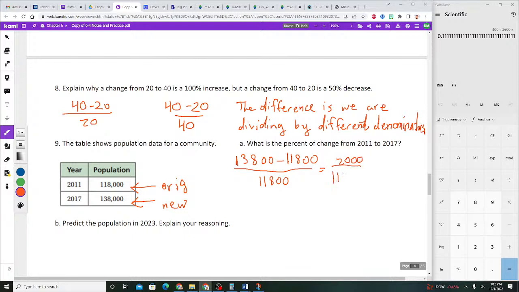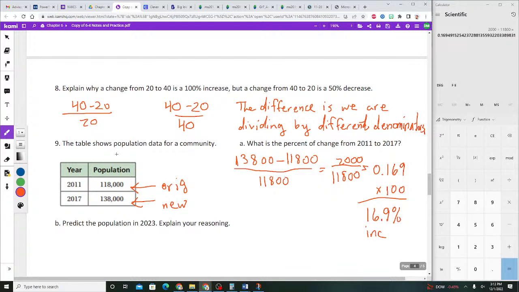So we're going to divide that by 11,800. So 2,000 divided by 11,800 gives us this wacky number. We're going to round that to 3 decimal places, so that's 0.169. Multiply that by 100. That gives us 16.9%, and that is an increase.